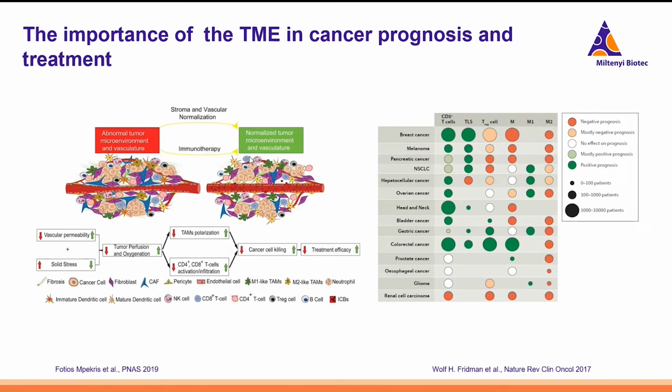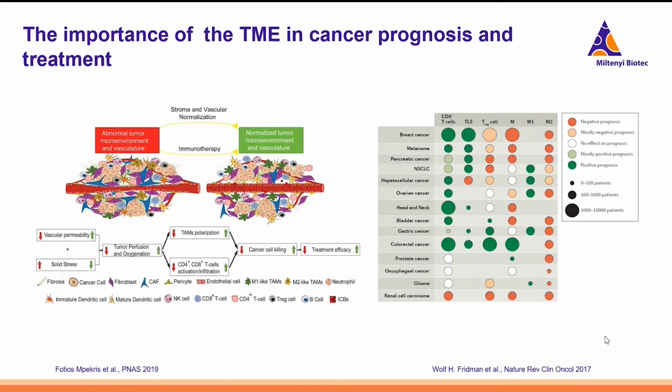In the table, you see the relevant CD8 positive T cells, tertiary lymphoid structures, Tregs, and macrophages, these are CD68 positive macrophages, and also more specifically macrophages with M1 or M2 subtype, related to overall survival of different types of cancers.